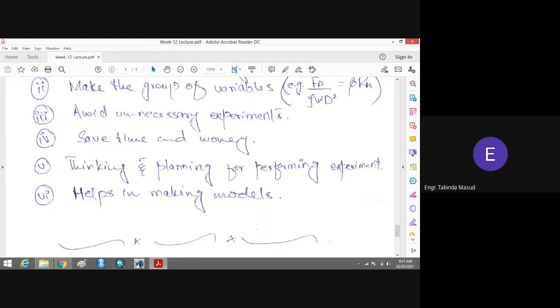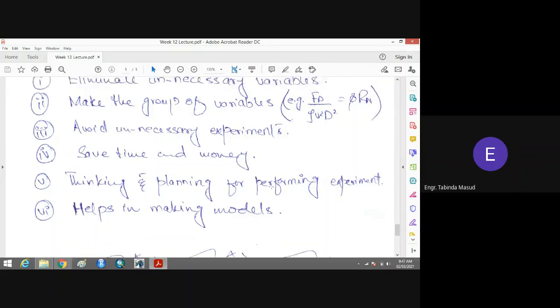Thinking and planning for performing experiments: analysis helps you think about what parameters should be involved. It already omits the unnecessary parameters, so it gives you an idea and a plan for how to perform the experiments. And number six, which is very important, it helps in making models.